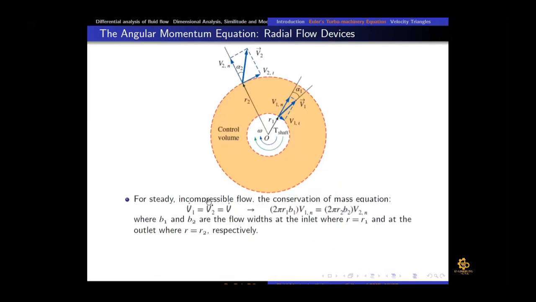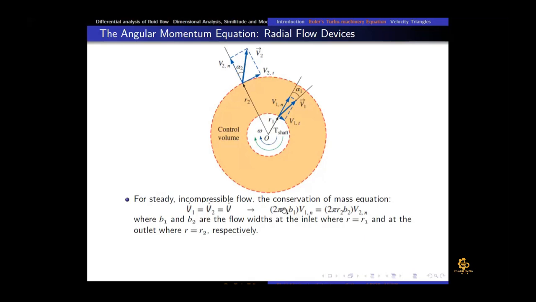So for studying this, the conservation of mass, we can say that here you can see that we have equated the volume flow rate, and we have used the normal components going out, V1n and V2n, because that is the component which would determine the mass flow rate or volume flow rate, the normal velocity component which is perpendicularly outward from the axis of rotation.